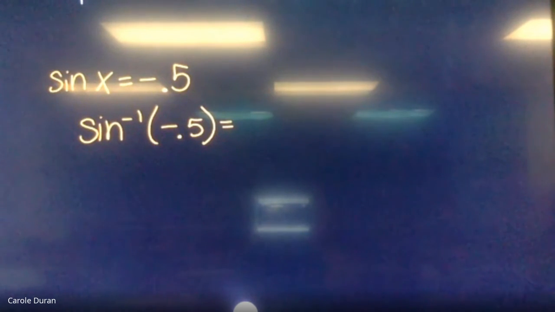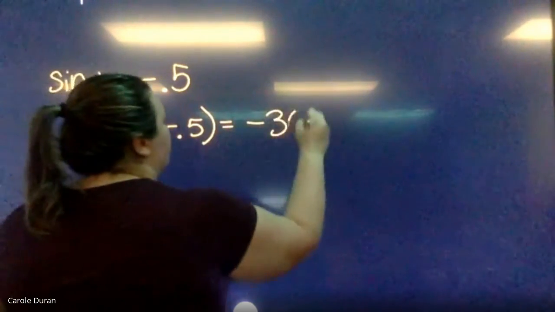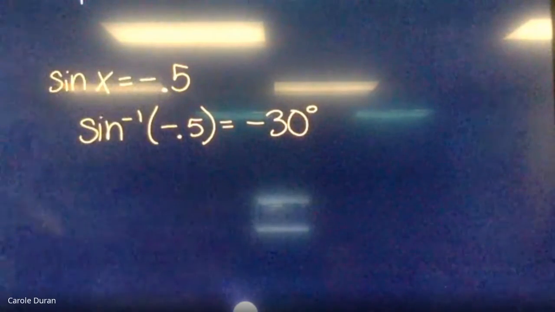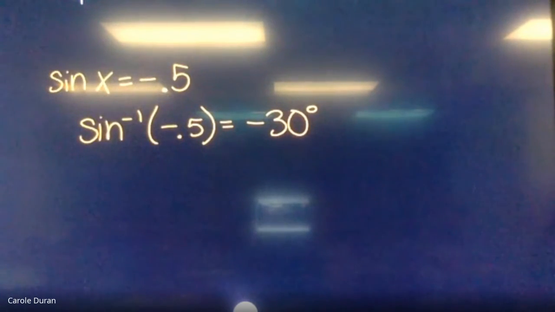However, there are limitations to using your calculator for inverse, because negative 30 or 330 degrees is not the only angle where my sine is equal to negative 1/2. So you got negative 30 degrees. To find its coterminal angle that's positive, we would add 360, and I'd get 330. But there's actually another angle where that also happens, and that is our 210 degree angle.